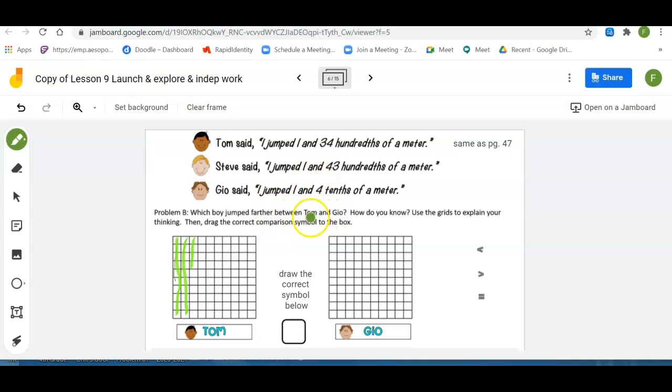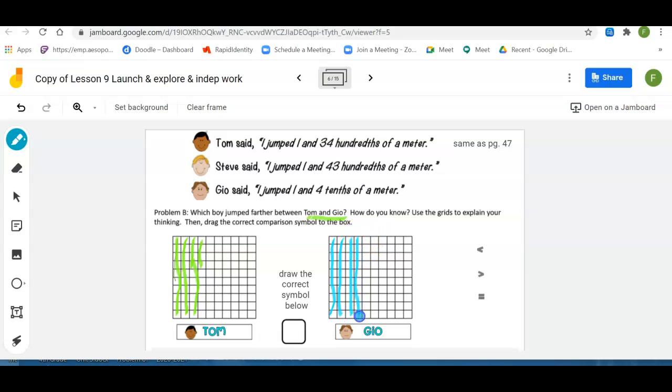Now we are comparing Tom and Geo. So Tom, remember, was 34/100ths. So we're going to go over here and shade in his 34/100ths for Tom. And we've got Geo was 4/10, so we need to represent 4/10 for Geo. And remember, that one is just 4 of these completed.